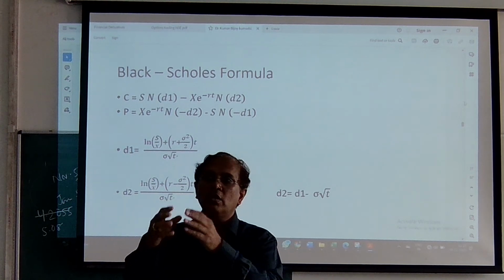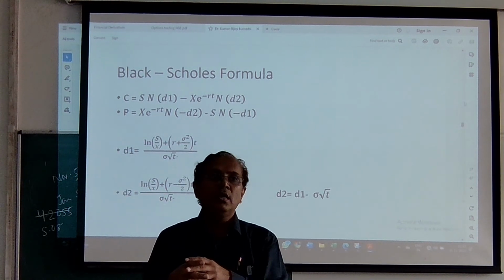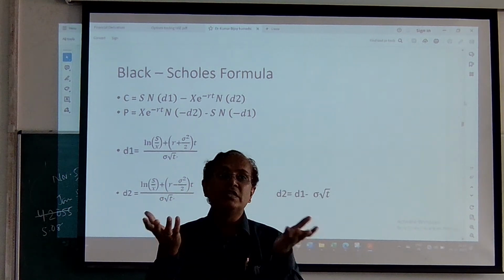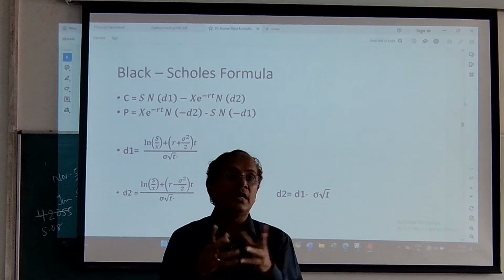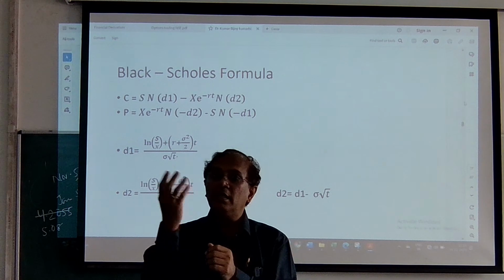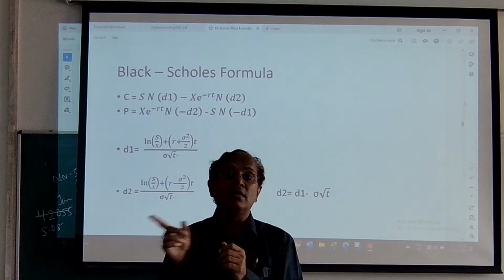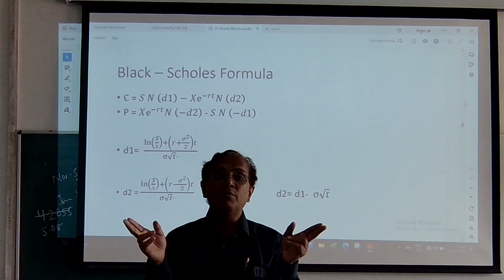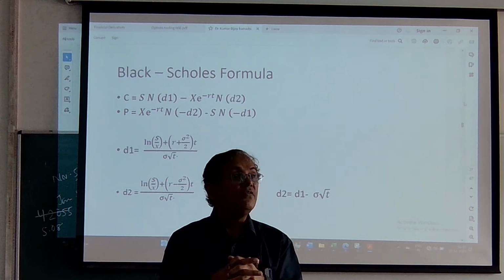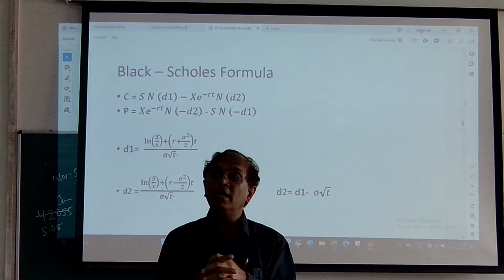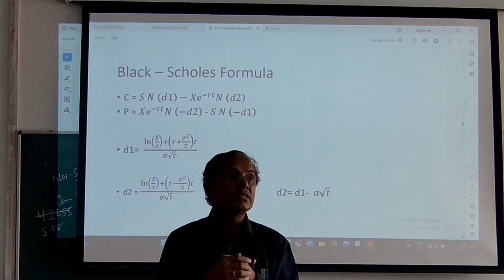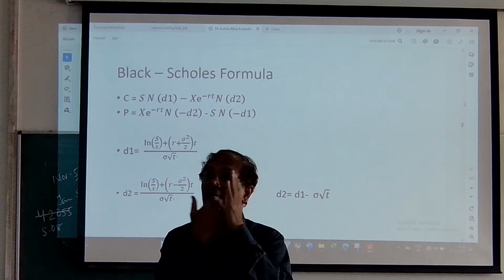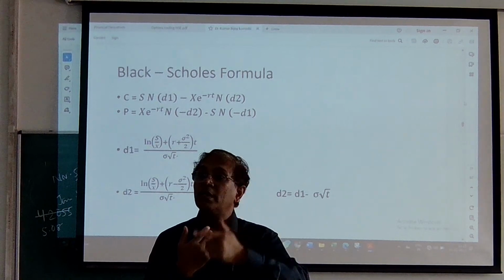And the deviation we talk about is subject to a function of so many things, like government behavior, which is reflected through R. R in turn itself is reflected through so many macroeconomic factors like inflation. Then it is related to volatility in that market, sigma, that is the underlying market, the bigger one. It depends upon what kind of time frame there is, T. It also depends on your S and X, the spot and exercise price, the relationship of those, because they are in numerator and denominator conditions.